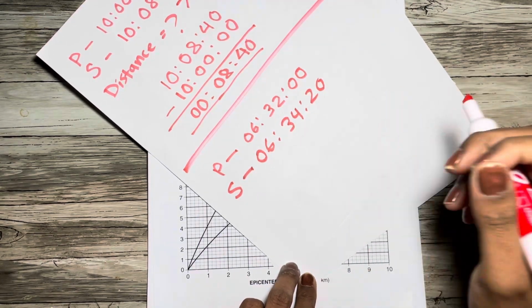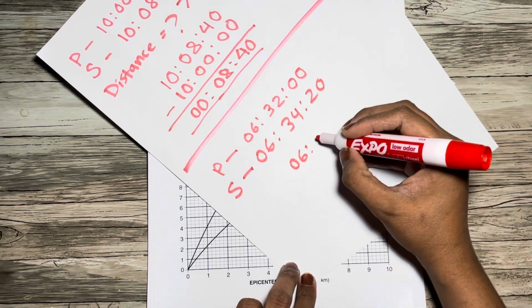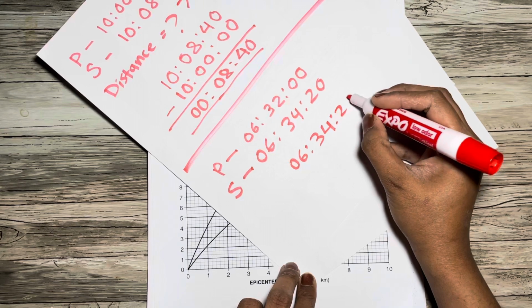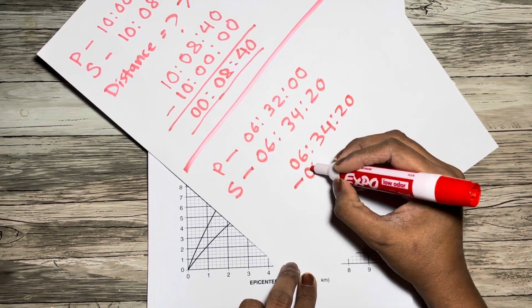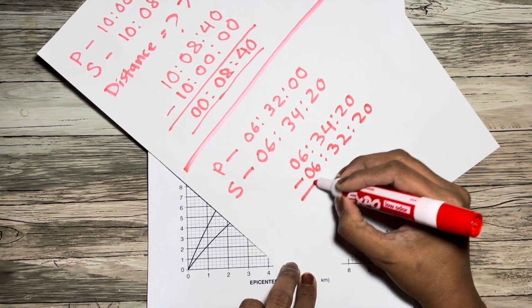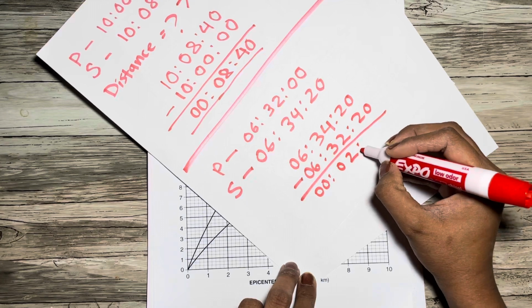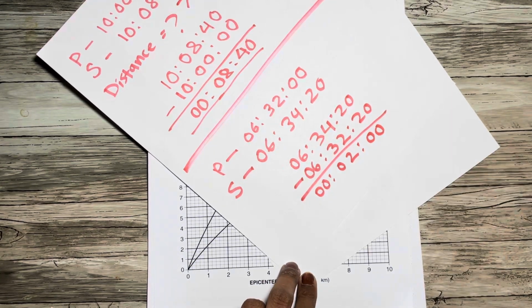First, I'm going to subtract to figure out the time difference, and I'm going to put the bigger number on the top. So 06:34:20 minus 06:32:20 gives me 00:02:00, 2 minutes and 0 seconds.